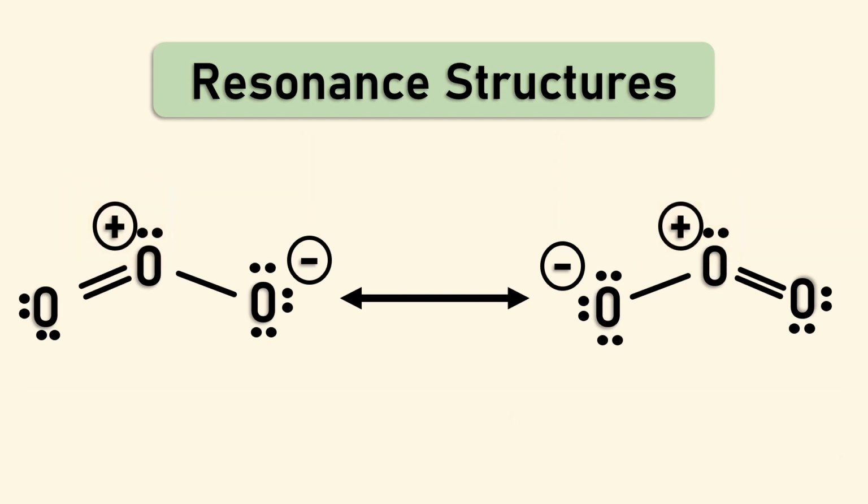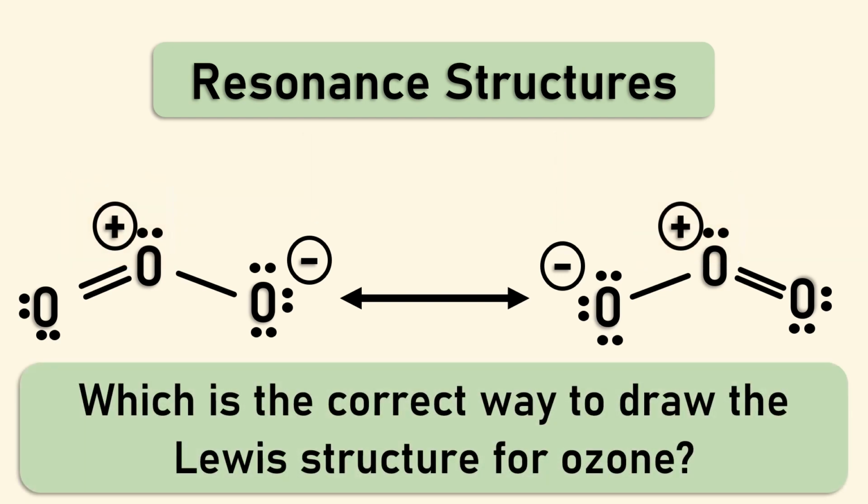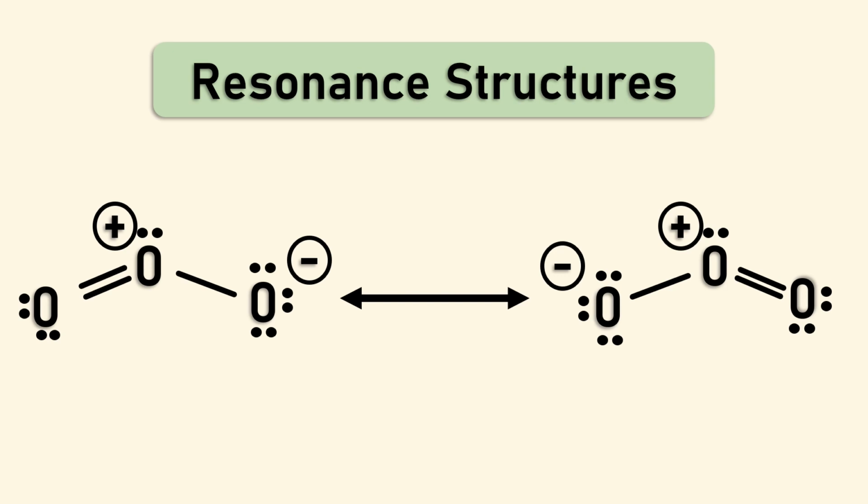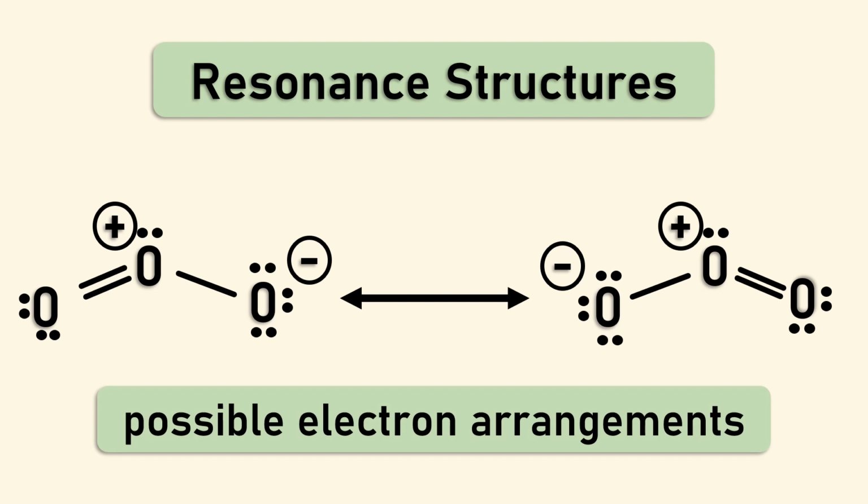Let's go back to the original question, which is the correct way to draw the Lewis structure for ozone. These are two valid Lewis structures for ozone. Lewis structures just show us the possible electron arrangements, but physically, ozone actually exists as an average of the two molecules.